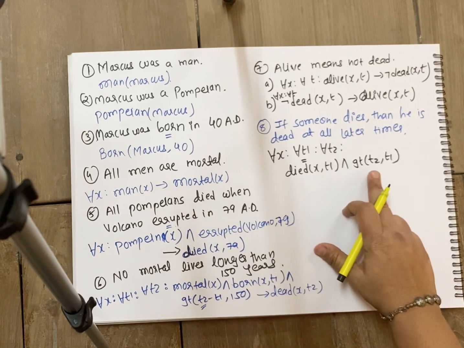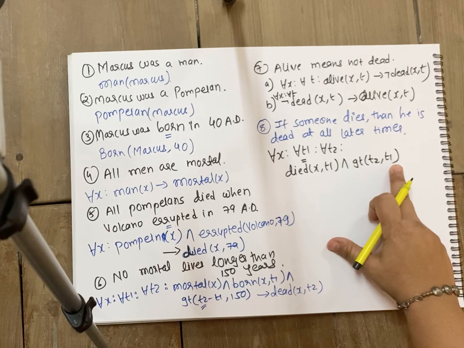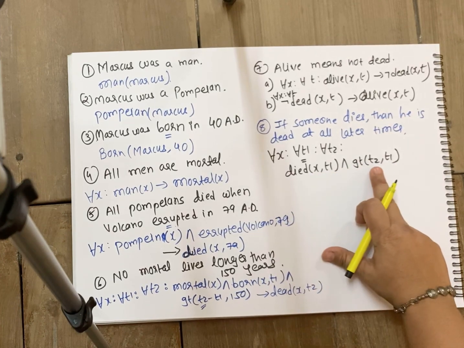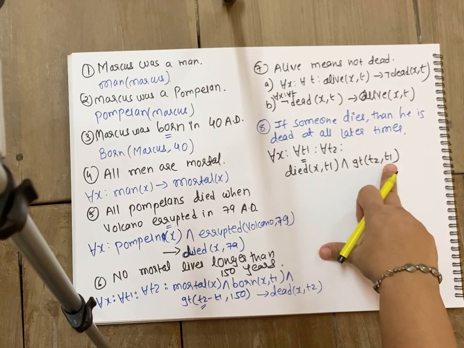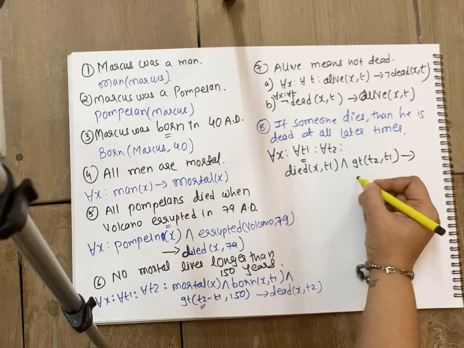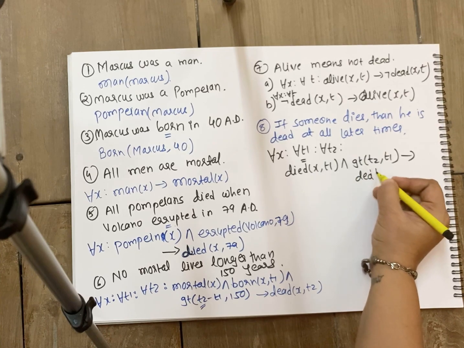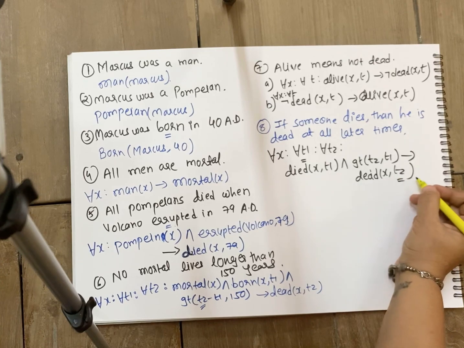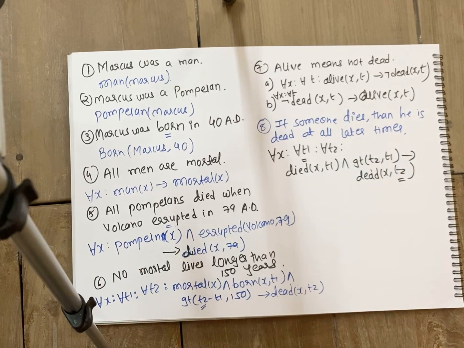So 2010 is greater than 1990, right? So died X in 1990 and 2010 is greater than 1990, then we can comment that the person X is dead in T2 also. Even in 2010 that person should be considered as dead. Okay, so these two things are the inherent things that we have added over here.